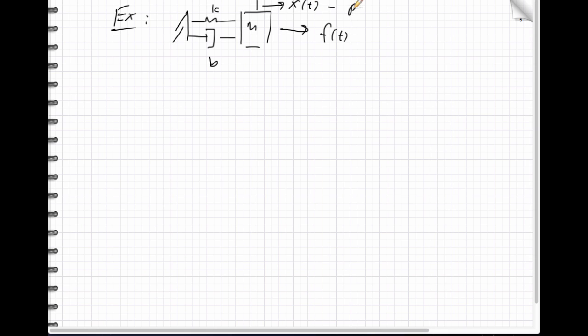And this is force, and let's assume we've got some function e to the minus 3t. That's the forcing function. Let's say b is equal to 3, k is equal to 2, and m is equal to 1.